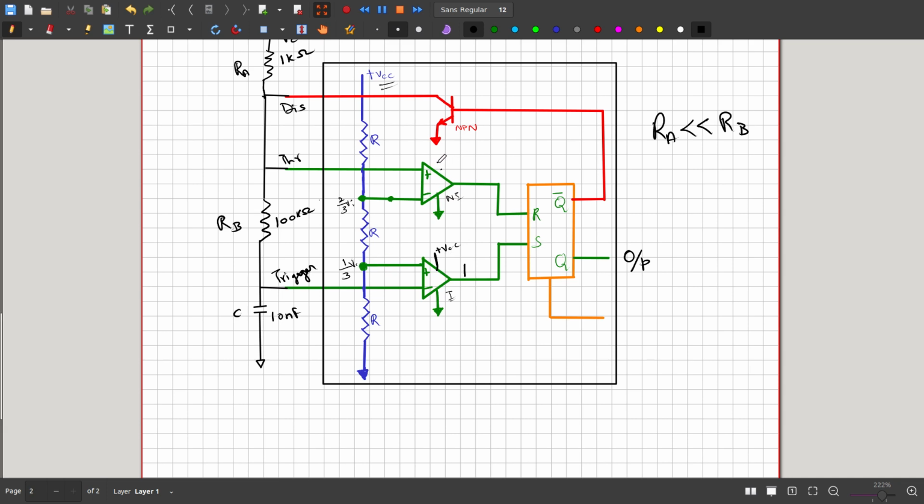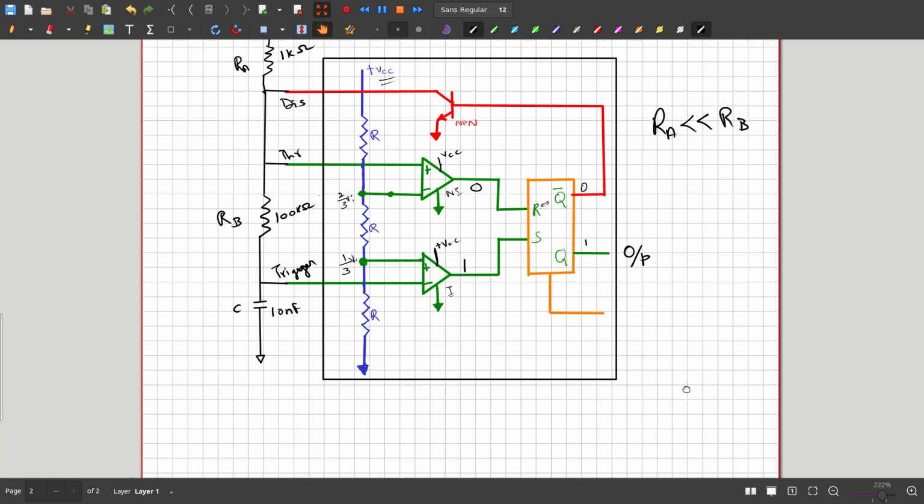Similarly, here the threshold is also below 2/3, so it is logic 0. Initially we have a 1 and 0 state. Therefore R is linked to Q bar: if the states are different, the value of R is moved to Q bar. So this point is 0 and this point is 1.